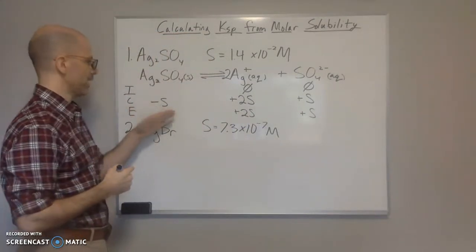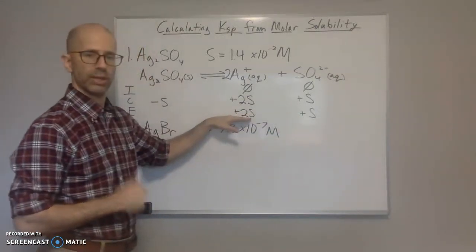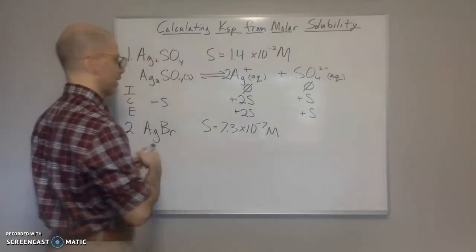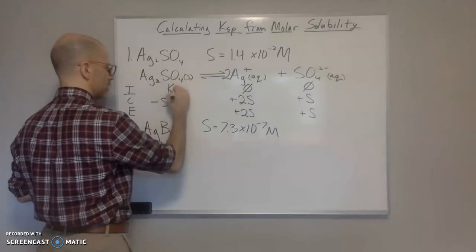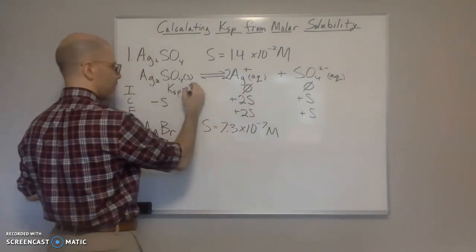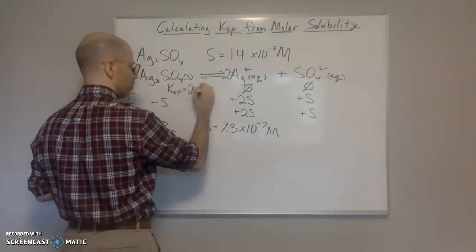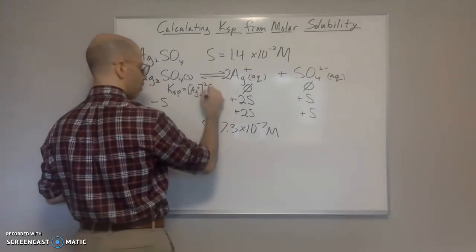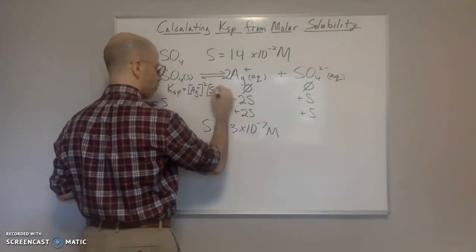Now that we have our equilibrium expressions in terms of molar solubility, we can put them into our equation. Ksp is equal to the concentration of silver ion raised to the second power, because of the 2 coefficient, multiplied by the concentration of SO4 2 minus.